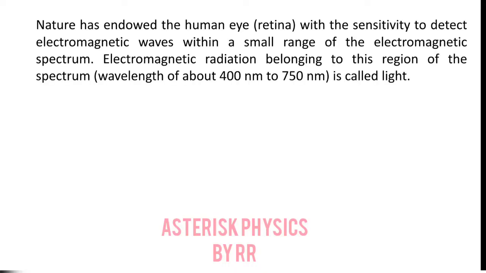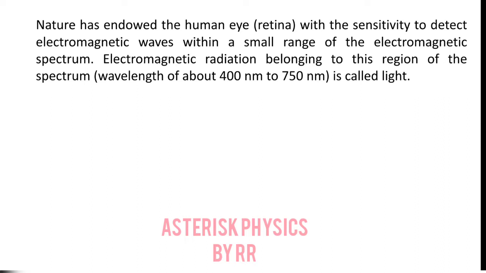Nature has endowed the human eye with the sensitivity to detect electromagnetic waves within a range of the electromagnetic spectrum. Electromagnetic radiation belonging to this region of the spectrum is called light. So it is that part of the electromagnetic spectrum which produces the sensation of vision in the human eye that is termed light.